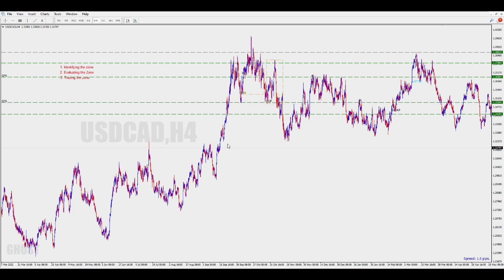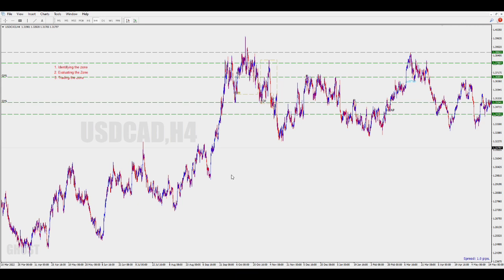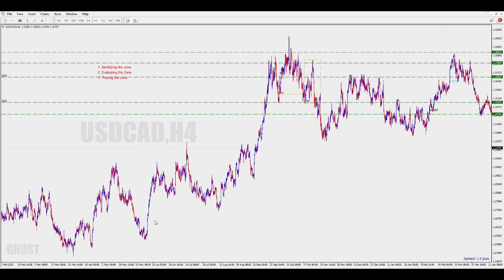If you follow these 3 steps of filtering your trades using this pre-order flow method, you can easily achieve somewhere between 65 and 75% win rate, in my opinion.